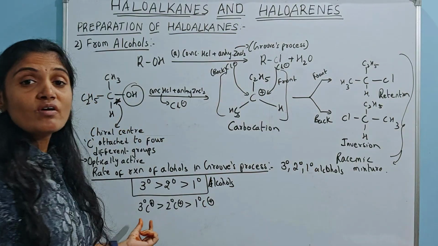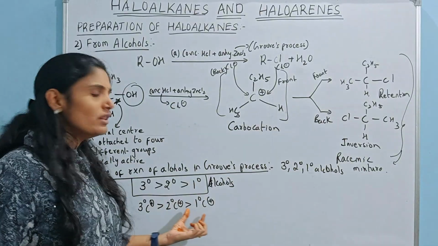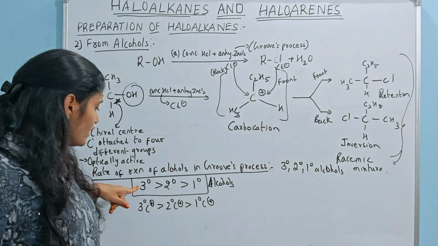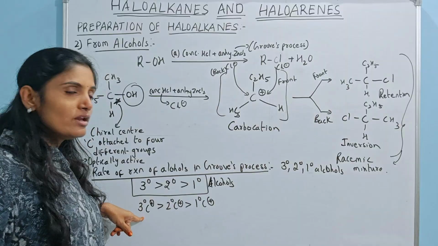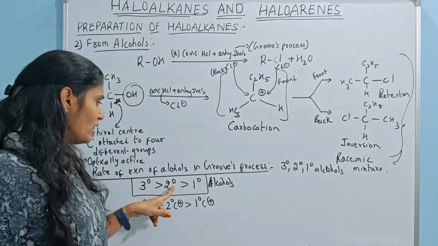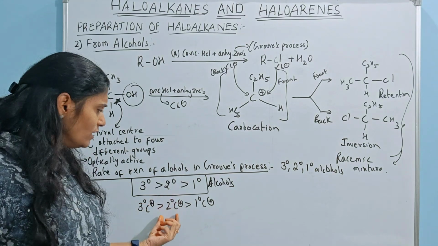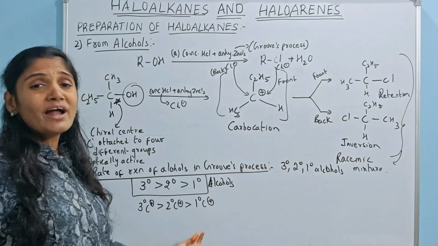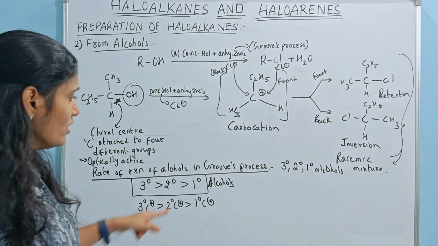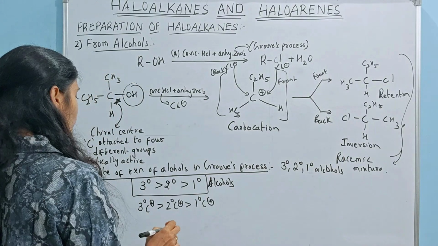Now you know whichever carbocation is more stable, that reaction is preferred, because tertiary alcohols are giving more stable tertiary carbocation, their rate of reaction is more. Secondary alcohols produce secondary carbocation, which is relatively less stable than tertiary. It will be less reactive, and primary carbocation is the least stable carbocation. That is the reason primary alcohols show very low rate of reaction.